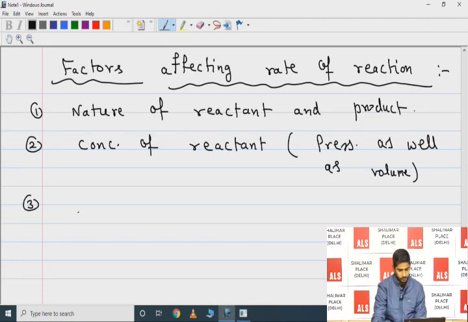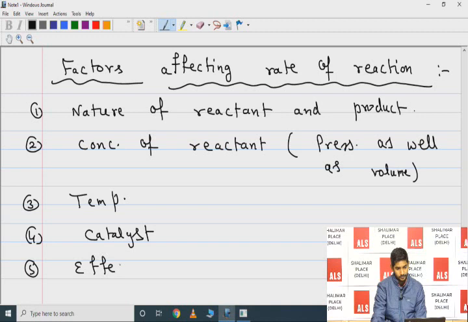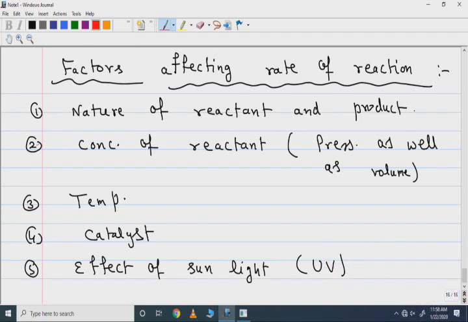Next, temperature. Then catalyst. Then effect of sunlight. You can say UV rays. These are actually very important. Next is pH of medium.